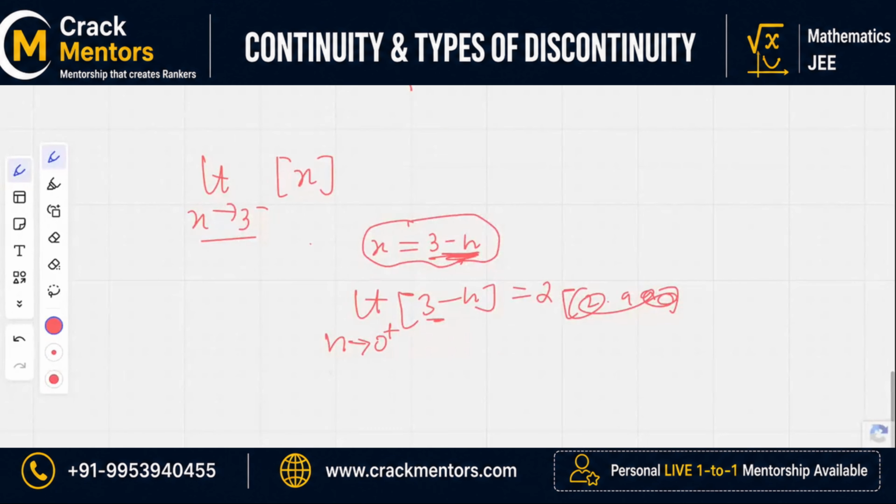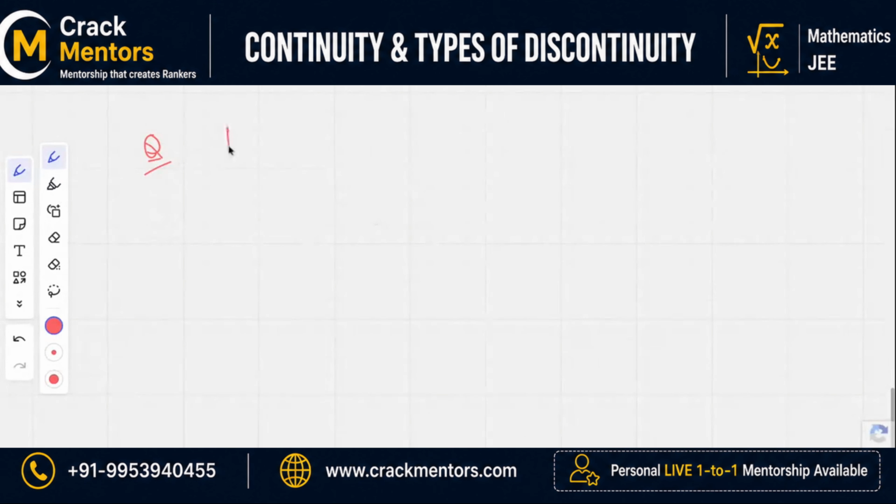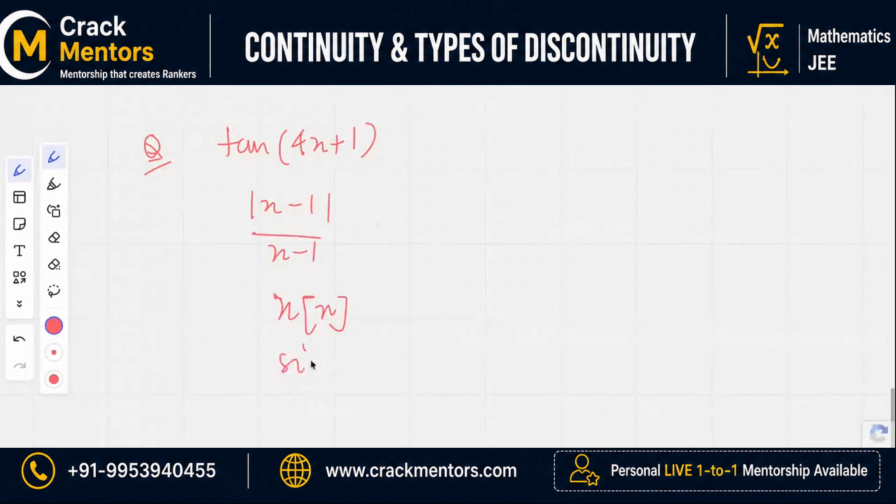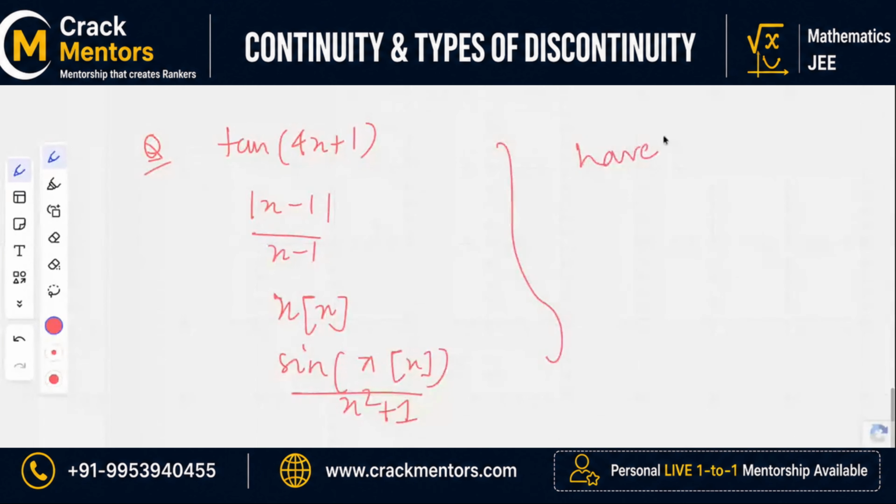Okay. Now, this is one question. Can you tell me which of the following functions have a non-zero finite number, so that means any finite value but not 0, of points of discontinuity?